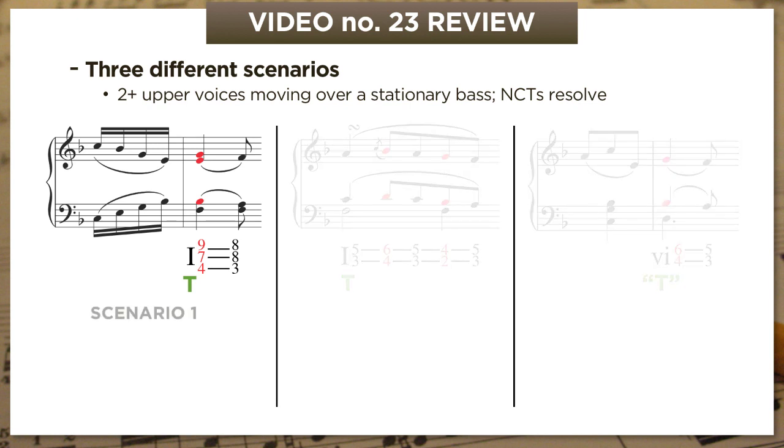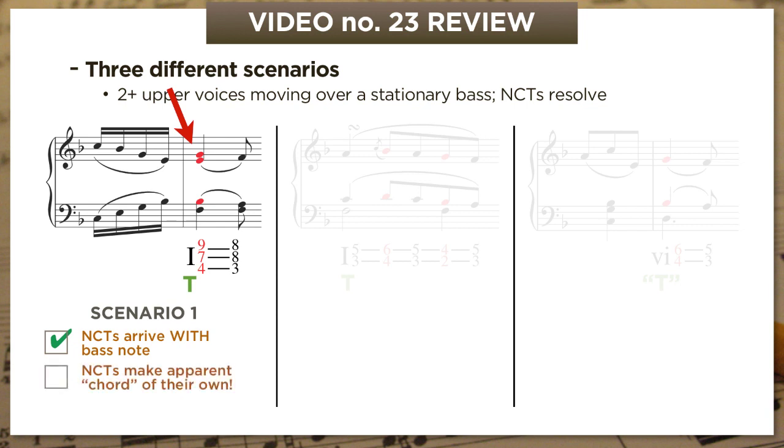Here's the first scenario. In this one, the non-chord tones do arrive at the same time as the bass note. F is the bass note, and the notes directly above it, G, E, and B flat, are all non-chord tones. But the non-chord tones do not combine to make anything we would confuse with an actual chord.